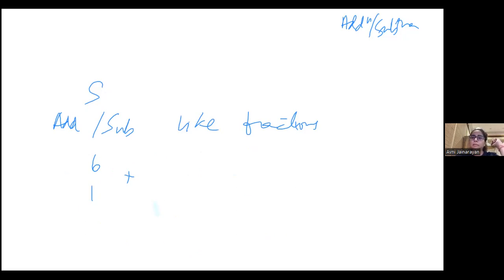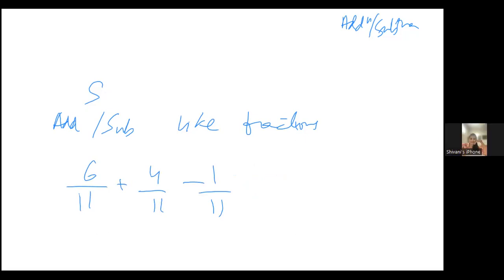Here, if I explain one more thing: if it is 6 upon 11 plus 4 upon 11 minus 1 upon 11, then there is the rule of which operation to take first, BODMAS, right? So that also has to be taught.